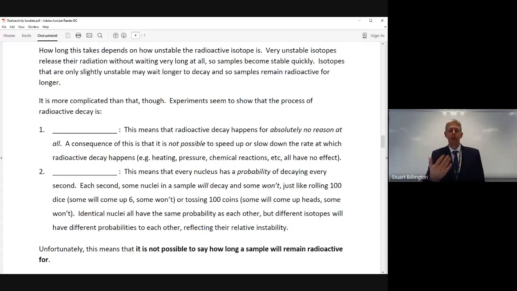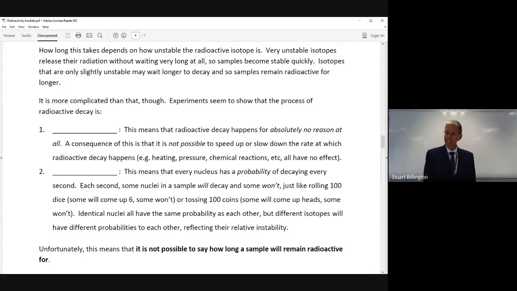So let's just pretend it's 1 in 6. So you watch the atom for the first second, and there's a 1 in 6 chance it decays. So 5 times out of 6, it won't. 1 time out of 6, it might. Pretend it doesn't. So you watch it for the second second. It's still got a 1 in 6 chance of decaying.